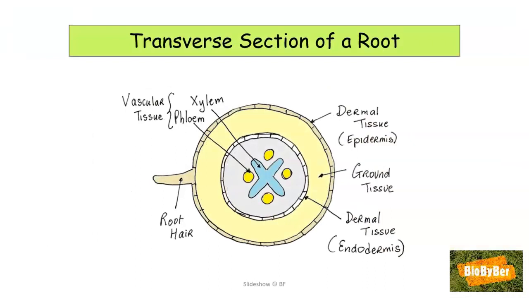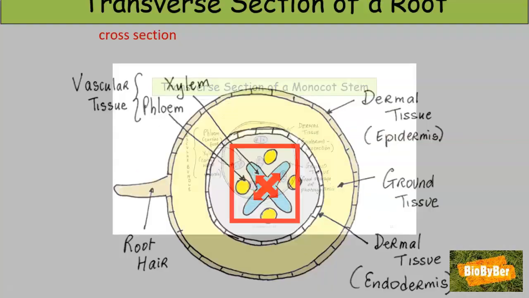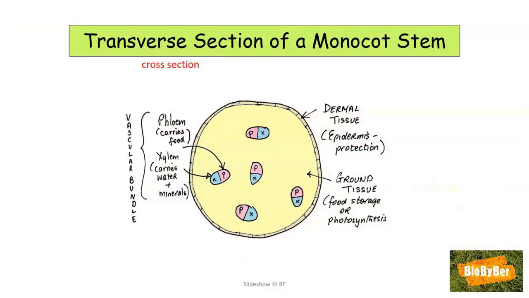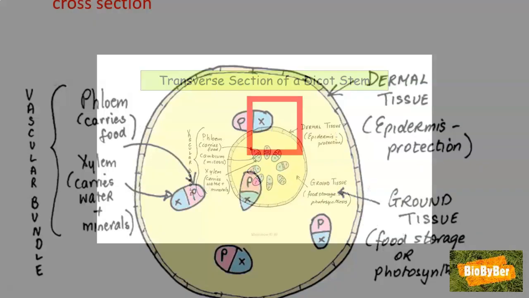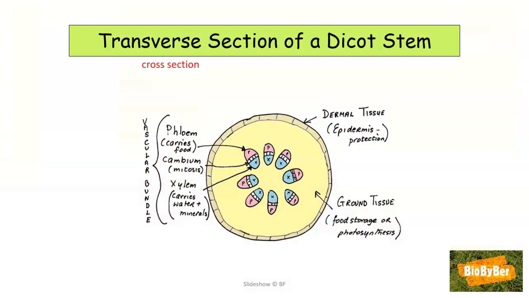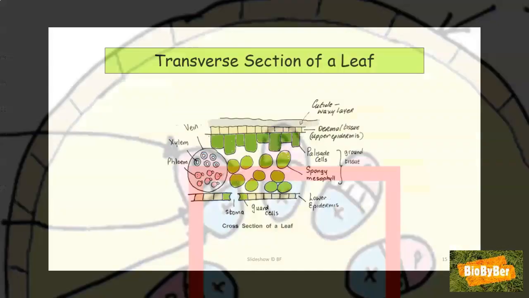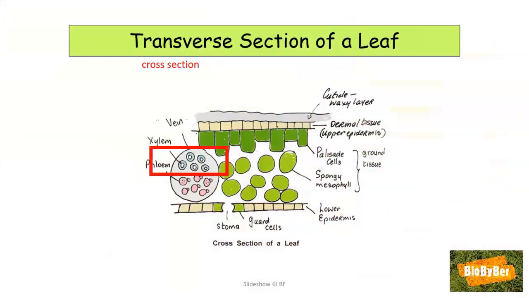Just as a reminder, we met this xylem tissue in the transverse section of a root. We met it in the vascular bundles in the transverse section of a monocot stem, in the vascular bundles of a transverse section of a dicot stem, and in the vein in the transverse section of a leaf.